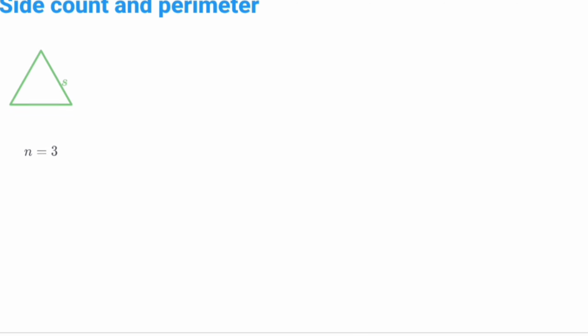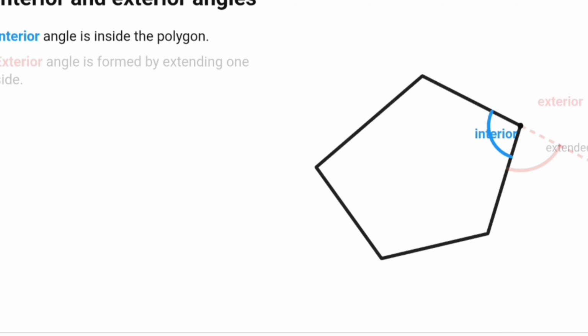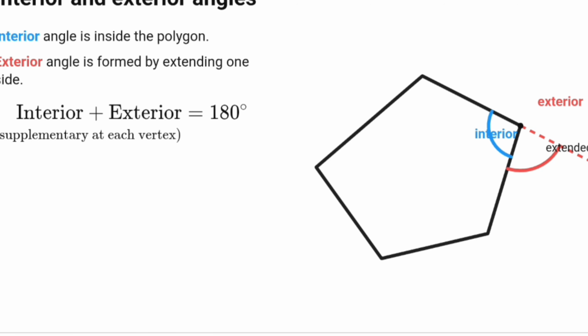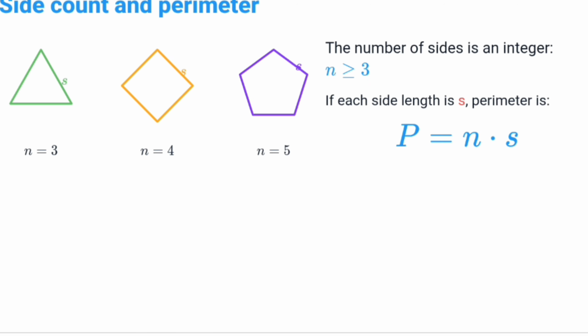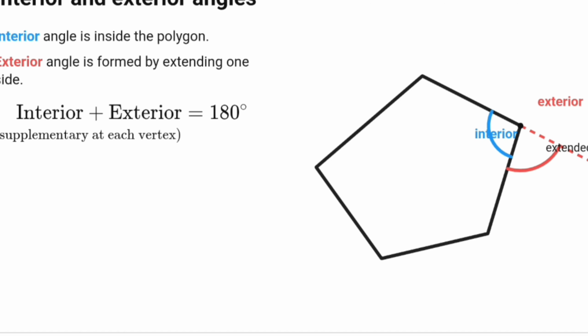Now that the sides form vertices, each vertex has an interior angle inside the polygon and an exterior angle formed by extending one adjacent side. Because these two angles make a straight line, their measures add to 180 degrees.